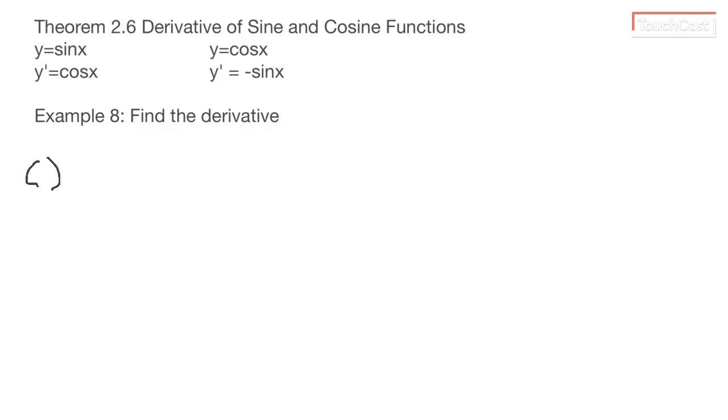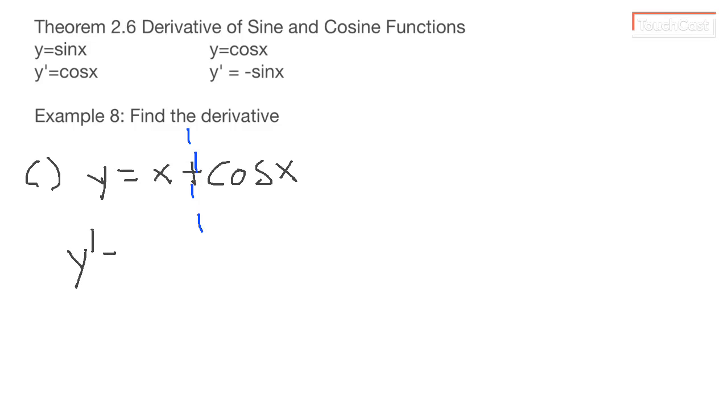So 8c, we're going to have y equal to x plus the cosine of x. This example does incorporate a few of the other rules we've talked about. We've got a sum rule here, and we've got one of the sine cosine functions. So let's start by first breaking this up. When we find the derivative, we're going to find the derivative of each term separately.